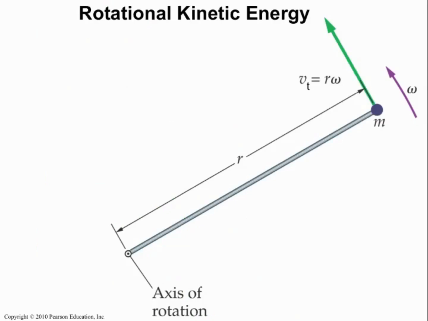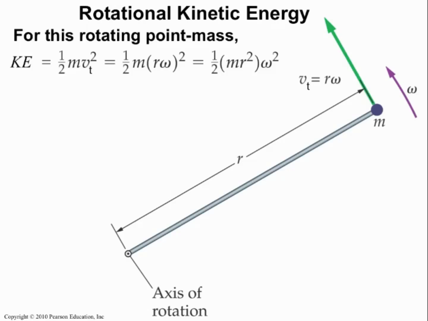All right, let's talk about rotational kinetic energy. So just as we have linear kinetic energy, which we talked about in Chapter 6, we also have rotational kinetic energy. So let's look at where that comes from. All right, for this rotating point mass, if we're just looking at the kinetic energy based on the definition we already learned, we can look at this thing's tangential velocity, vt.